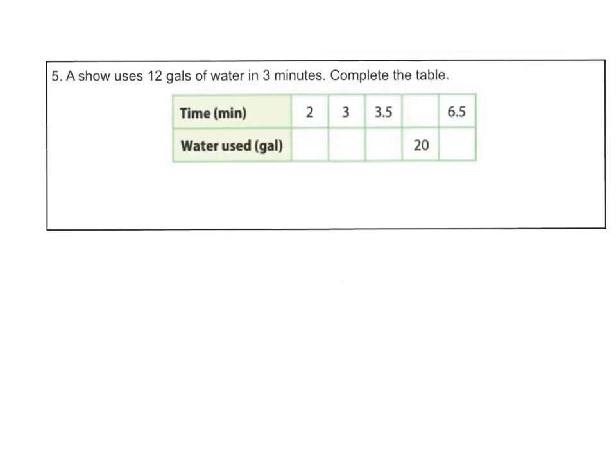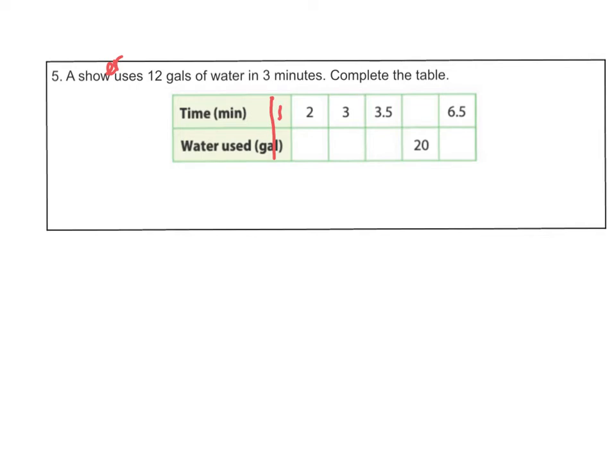A shower, this word should be shower, not show, uses 12 gallons of water in 3 minutes. Complete the table. So I'm going to first figure out what the unit rate is, or the rate per 1 minute. So I'm going to add a little column here. I'm going to figure out 1 minute and how many gallons the shower uses in 1 minute.